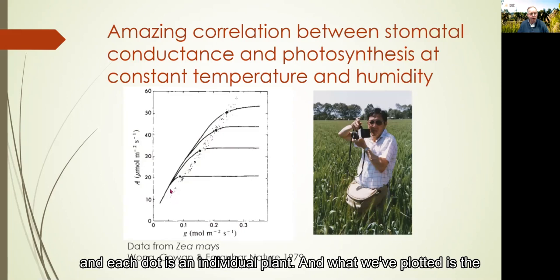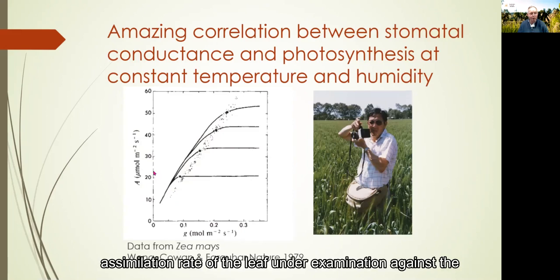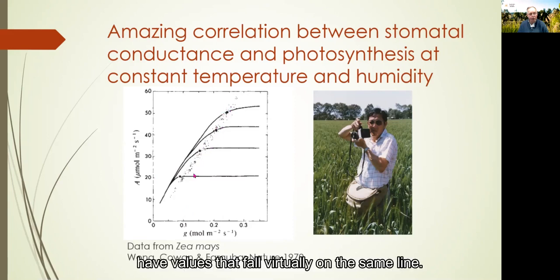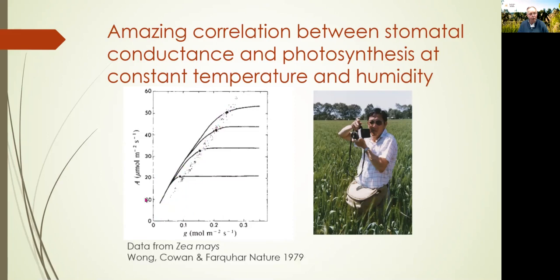And what we've plotted is the assimilation rate of the leaf under examination against the conductance of the stomata. And you see that all these plants have values that fall virtually on the same line.